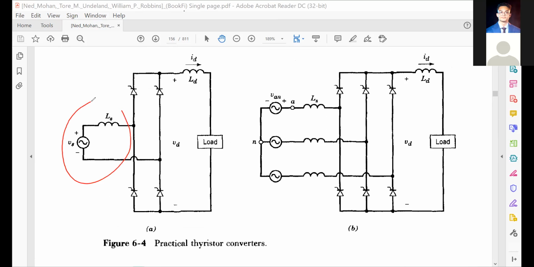So this part is from the source, your source voltage, say from your single phase AC supply that is available in our room. And here, this LS is the source inductance.